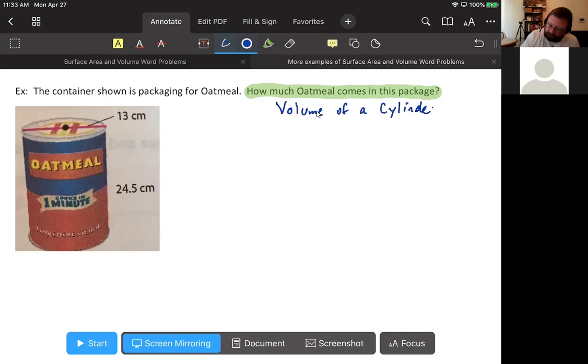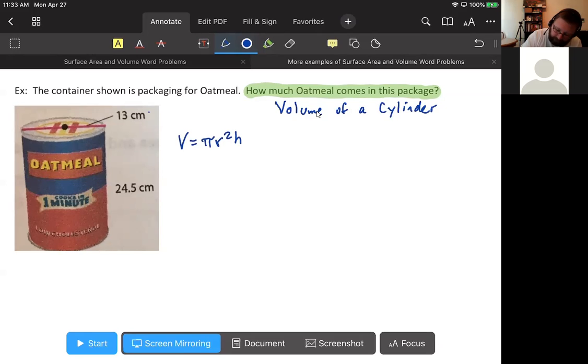The shape itself is a cylinder. So we're going to need our equation for volume of a cylinder, which is pi r squared times the height of the cylinder. Now the side note is, again, this is why I picked this particular example, because it gives us a diameter, just like the problems in our homework did, okay?